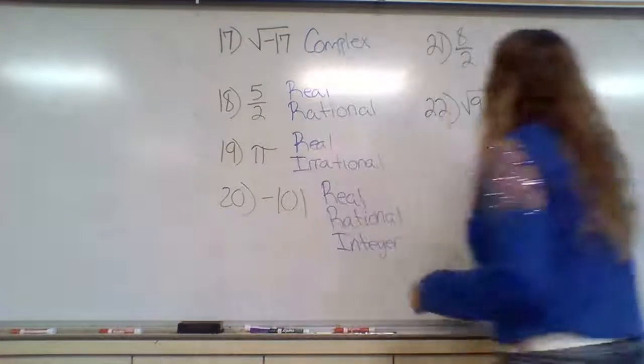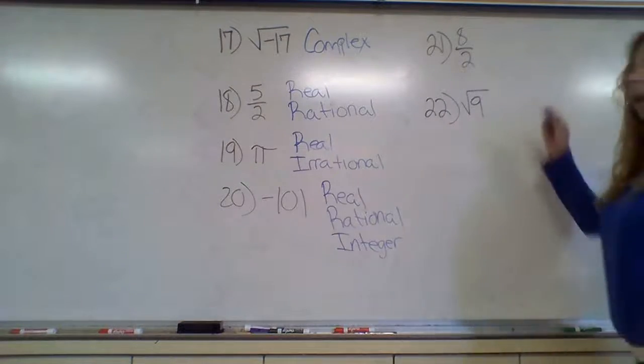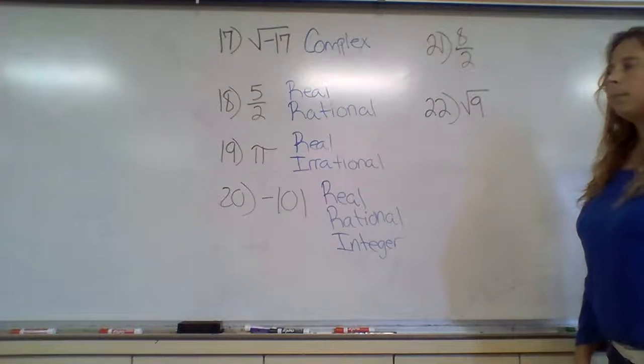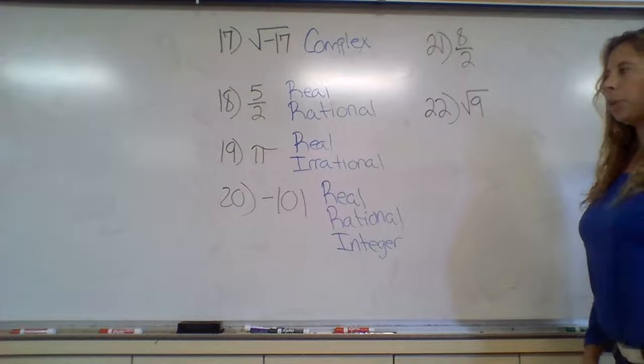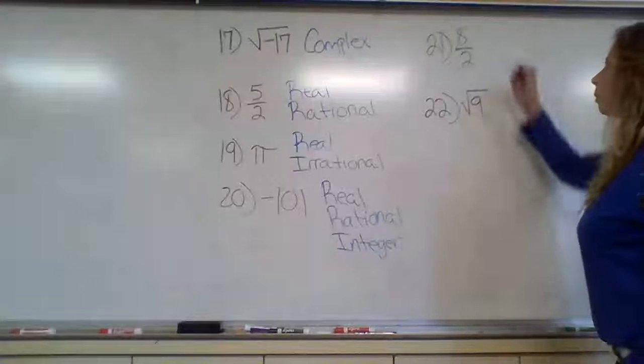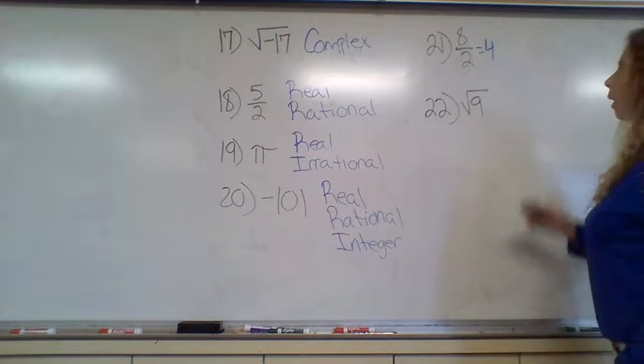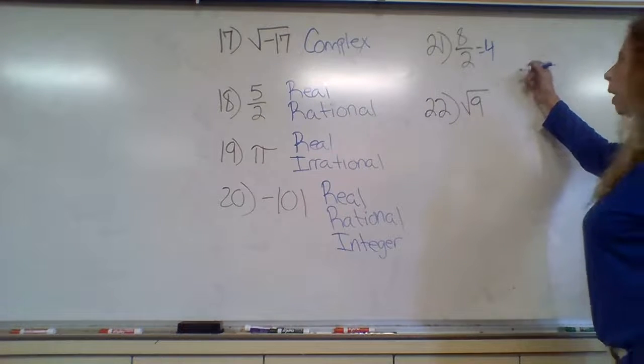21. 8 over 2. If I were you, I would reduce it first. What is 8 over 2? It's 4. All right, so then 4, is it real or complex? Real.